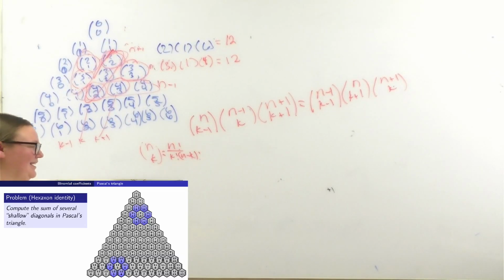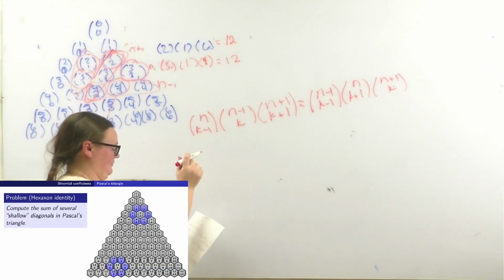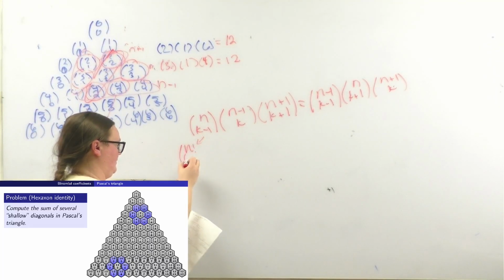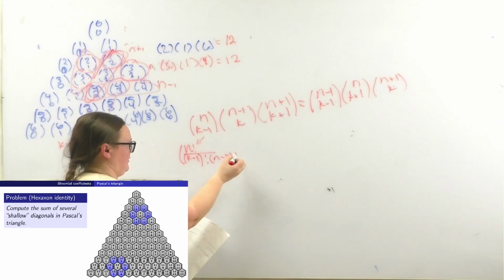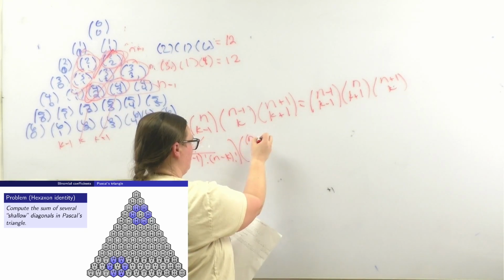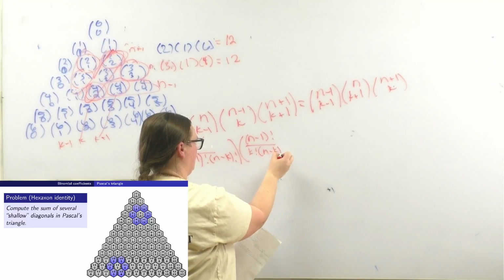Okay, so we'll do this bit by bit. This is this, and we do k minus 1, divide sign, factorial, and this is n minus k, factorial. Oh, this is gonna suck. I think we can do it. This is n minus 1 factorial, and then this is k factorial, n minus k factorial, woohoo!